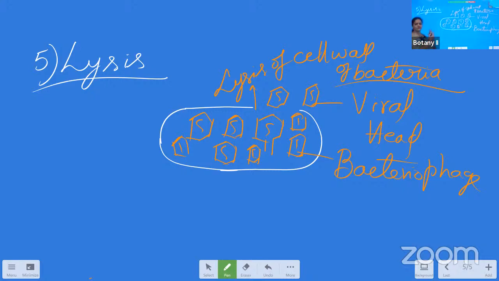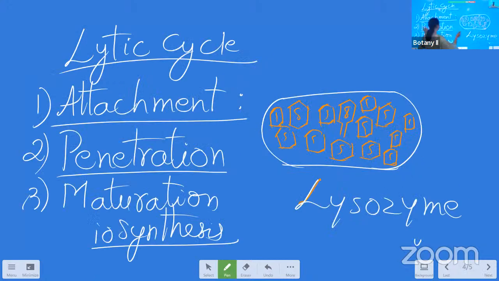So the first one in the bacteriophage life cycle is the attachment, holding. Next, penetration goes into the bacteria, and maturation, that means making the viral heads. Fourth one is the biosynthesis, that means the viral heads were fully formed and the bacteria is completely filled up with the viral heads.